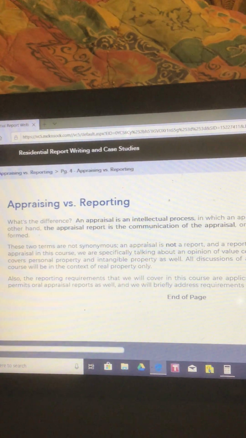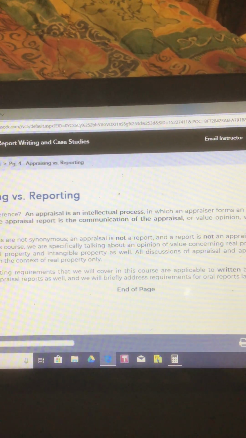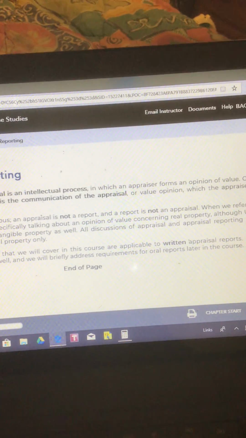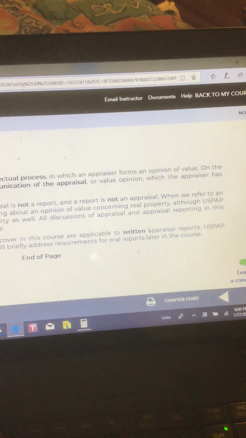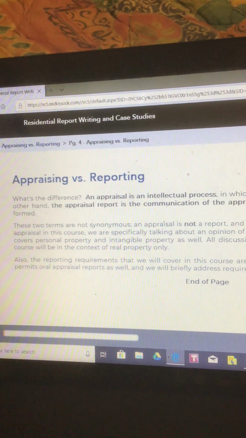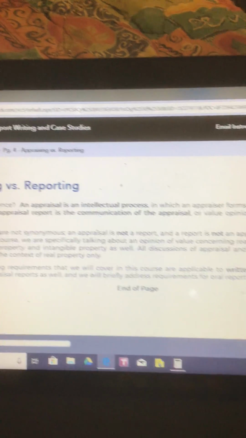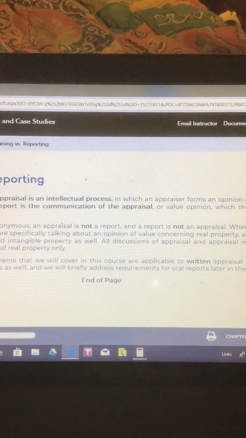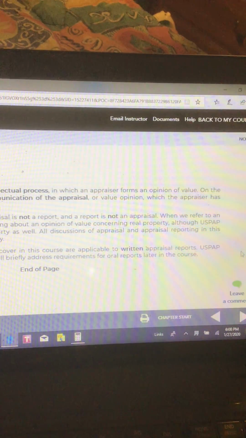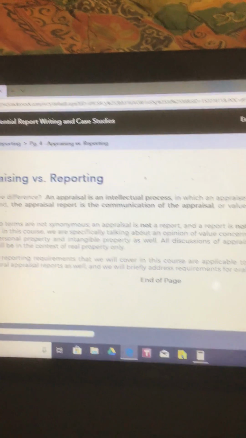An appraisal is not a report, and a report is not an appraisal. When we refer to an appraisal in this course, we are specifically talking about an opinion of value concerning real property. Although USPAP covers personal property and intangible property as well, all discussions of appraisal and appraisal reporting in this course will be in the context of real property only.